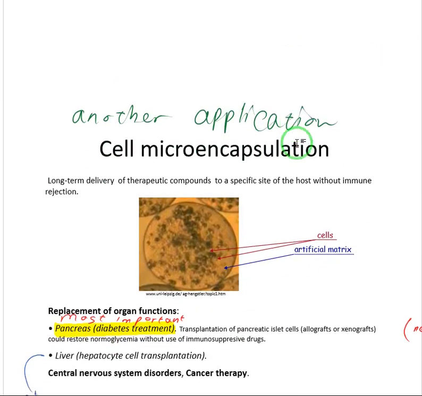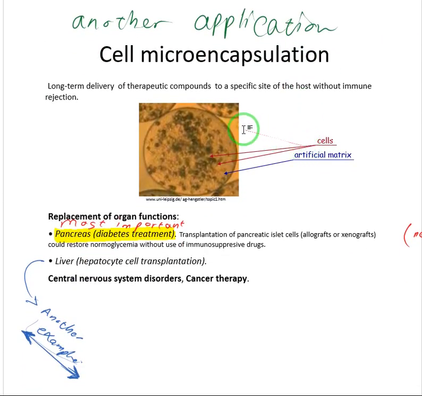But another important application of the hydrogels is for the cell microencapsulation. For example, you see here we have the matrix and the cells which have been encapsulated into this matrix.